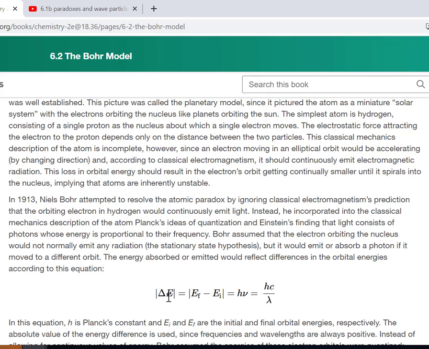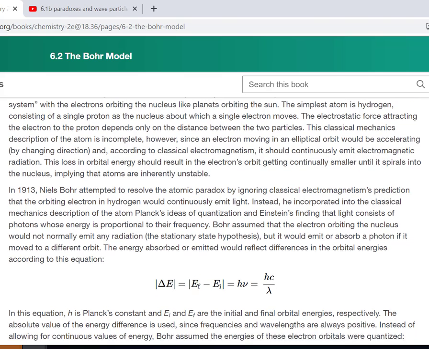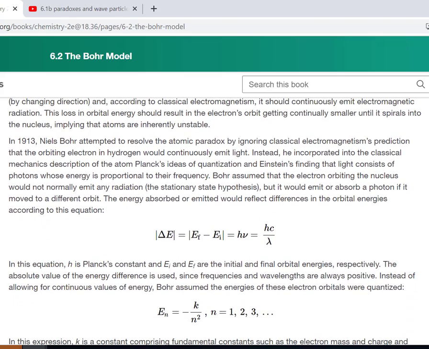So the change in the energy level, final minus initial, is equal to Planck's constant times the frequency of the emitted light. So it's based on looking at these changes in energy levels.